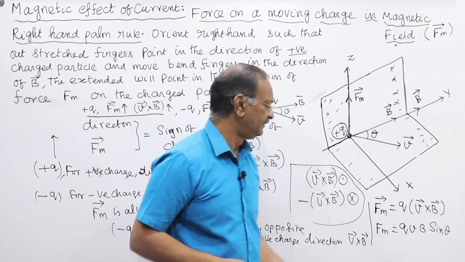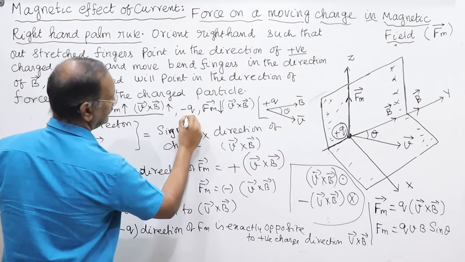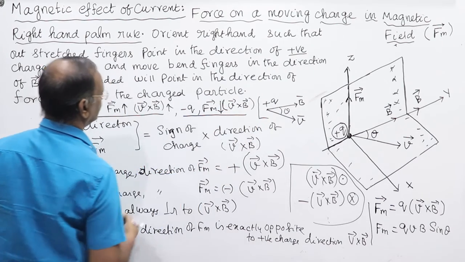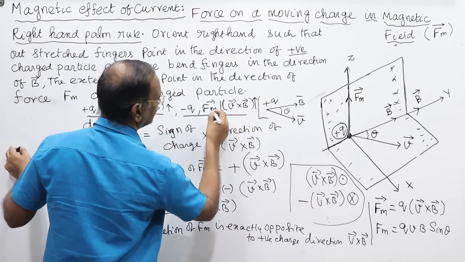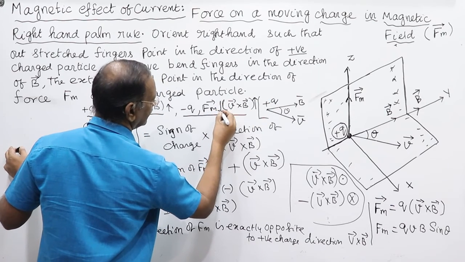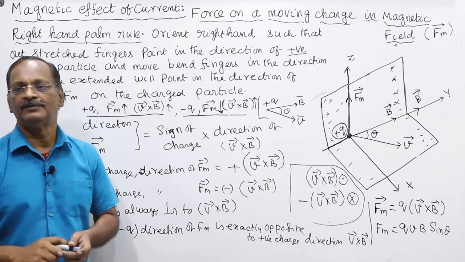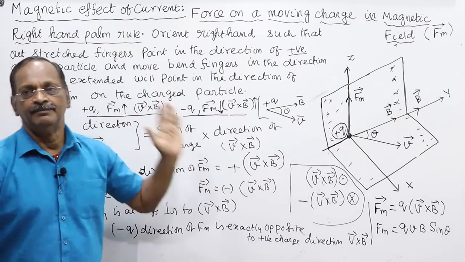For negative charge, Fm will be in the opposite direction. If V cross B is in this direction, the magnetic force will be in the opposite direction. This is all we have to remember about the right hand palm rule.